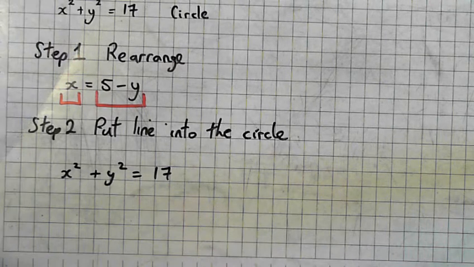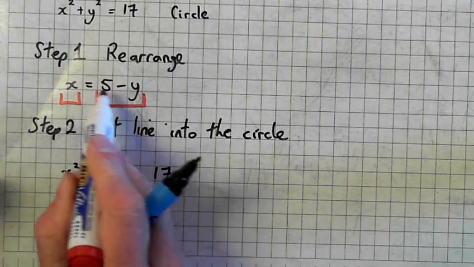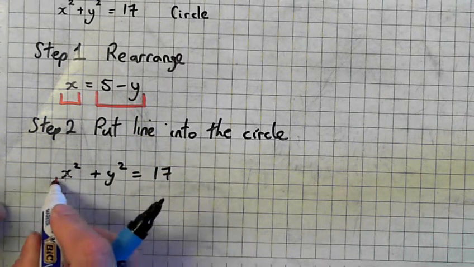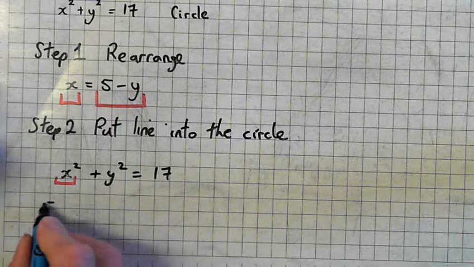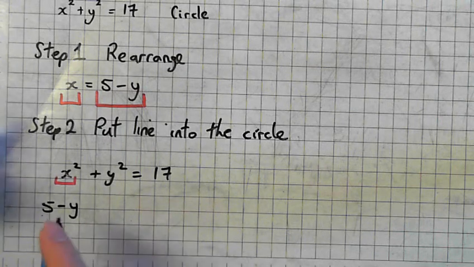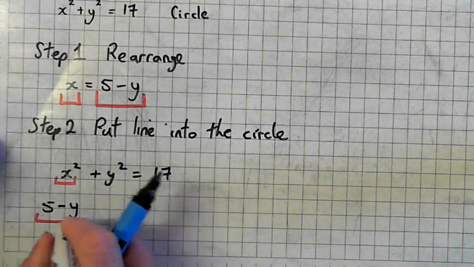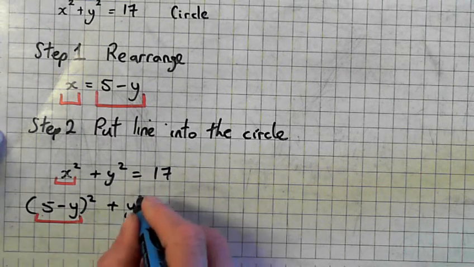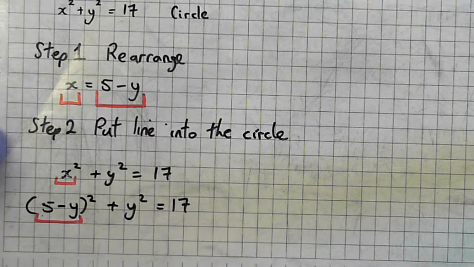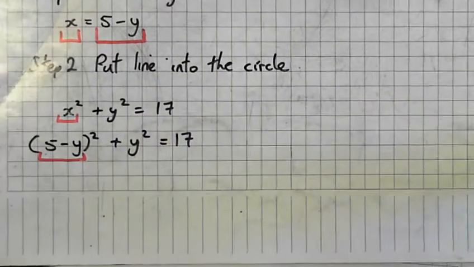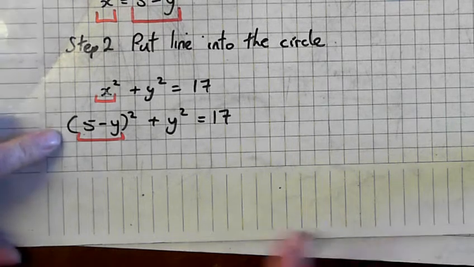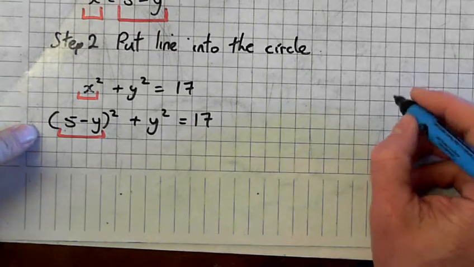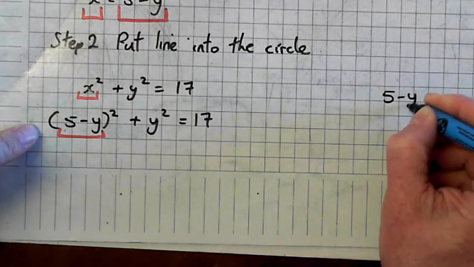And we're going to replace x with 5 minus y. So here's x. I'm going to replace that with 5 minus y. That's squared. Alright. We have to square out these brackets. So we'll do it in, call it rough work over here. 5 minus y squared.